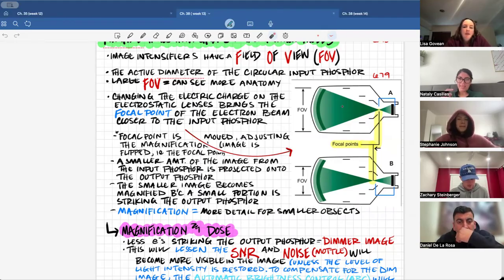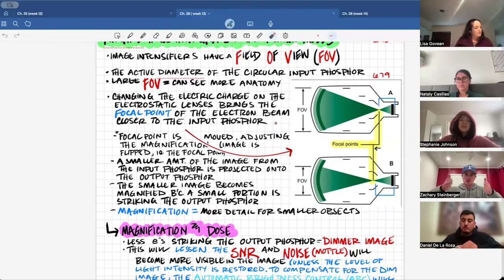I think what that is saying is as you increase the charge of the electron lenses, they're gonna want to come in tighter, closer to the input phosphor. So it's gonna be charged. It's gonna want to attract quicker.